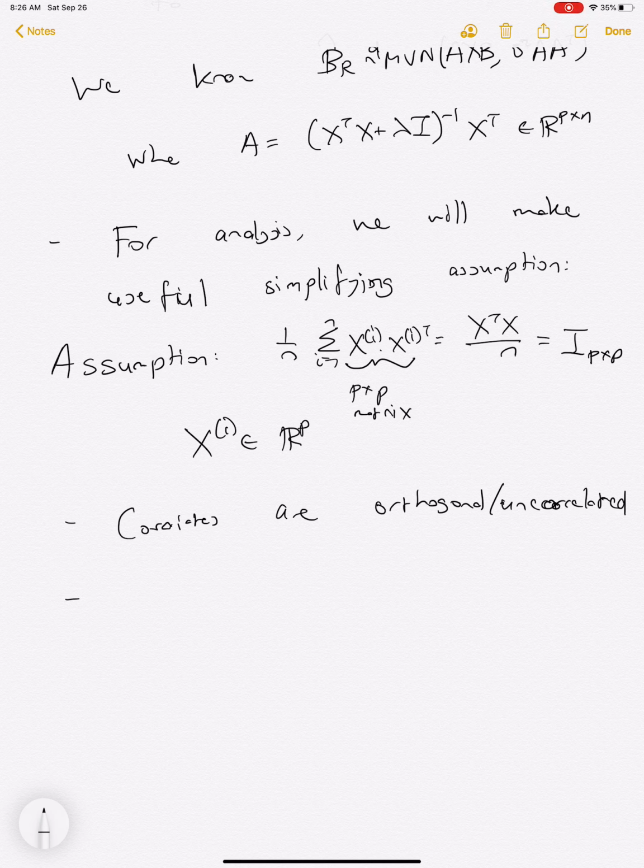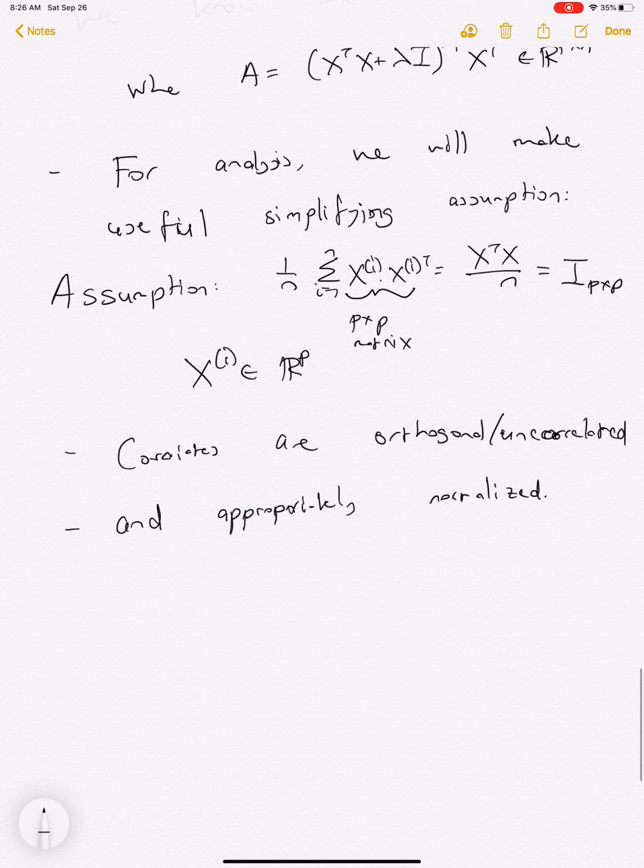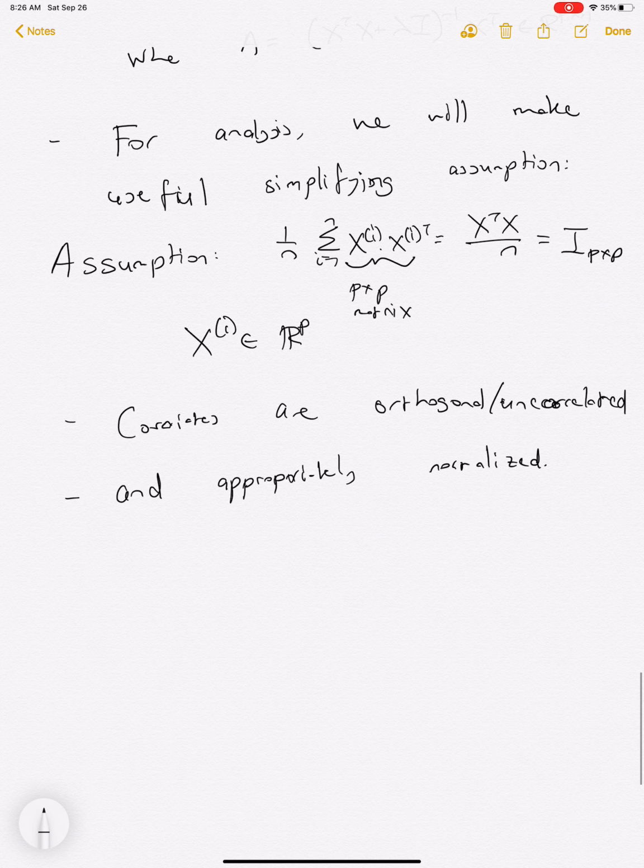And appropriately normalized. What that means is that we have mean zero and variance appropriately scaled.